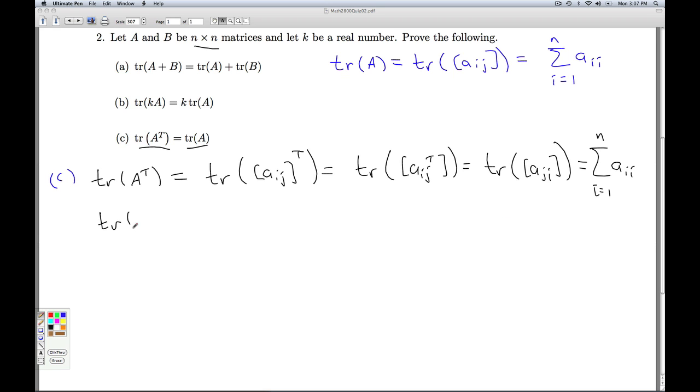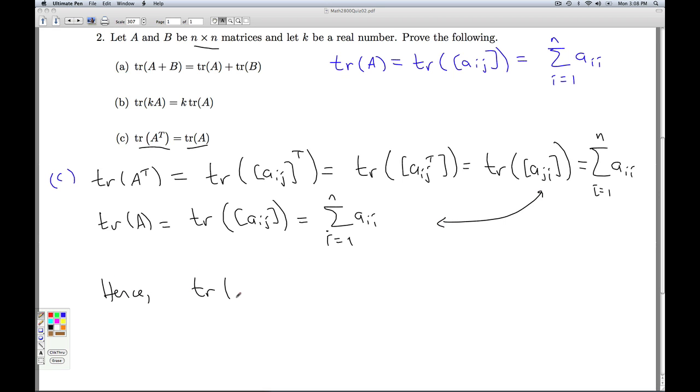And that's exactly what the trace of A is. That's the trace of the matrix a_ij, which by definition is the sum i equals 1 to n, where we set the i and the j equal. So hence, the trace of the transpose is the same as the trace of the original.